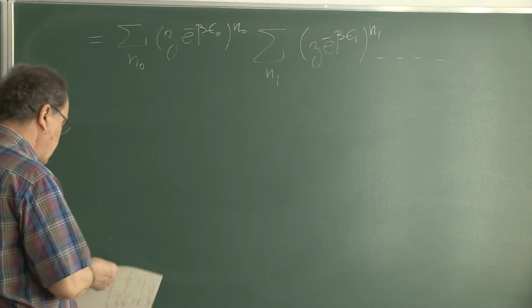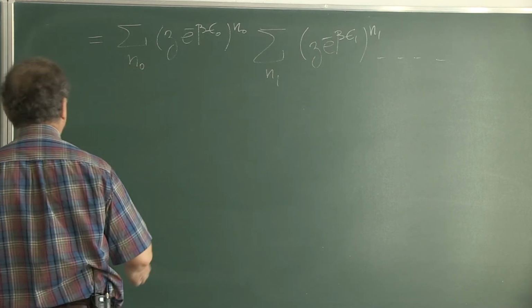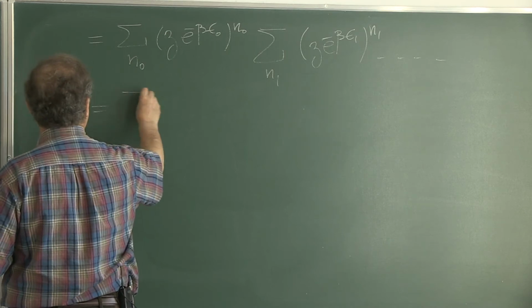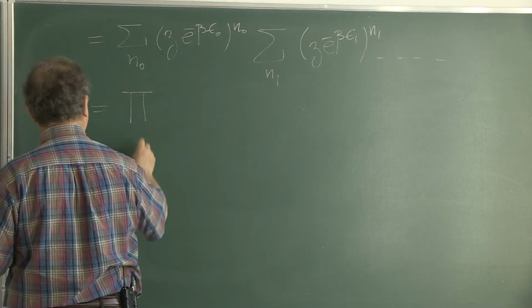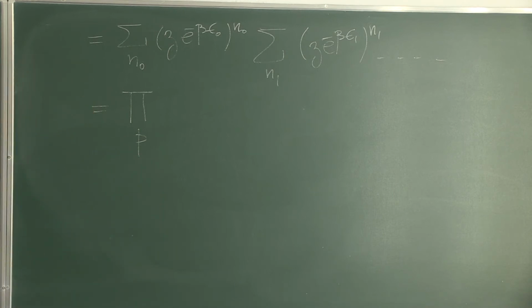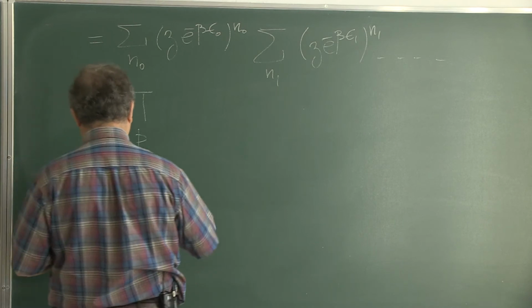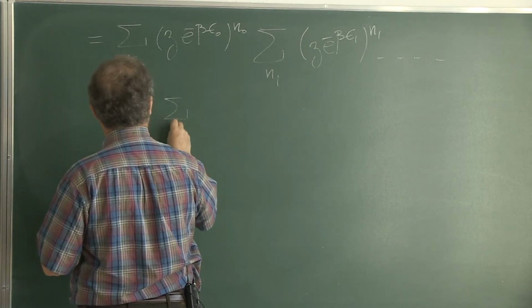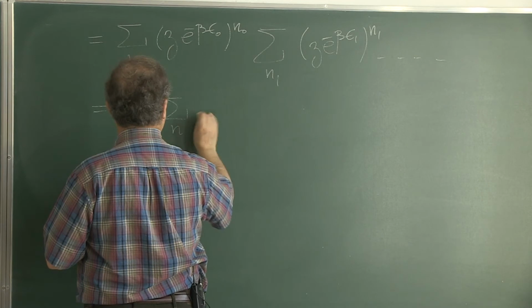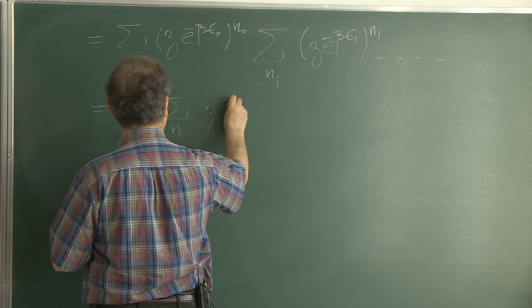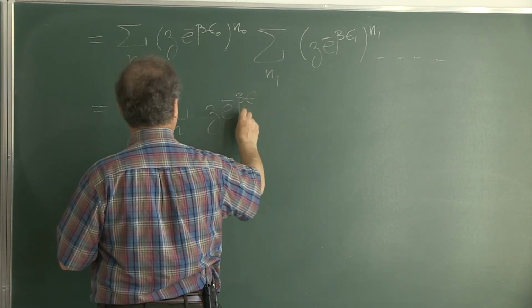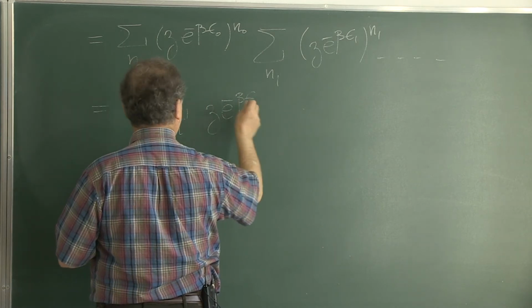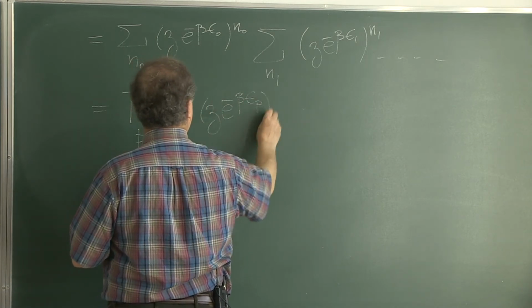And those sums turn out to be simple. Well, it is another representation. Multiplication is shown by the product symbol, isn't it? That's the symbol for multiplication of terms. The product over p of the sum over n of z e to the minus beta epsilon p to the power n.